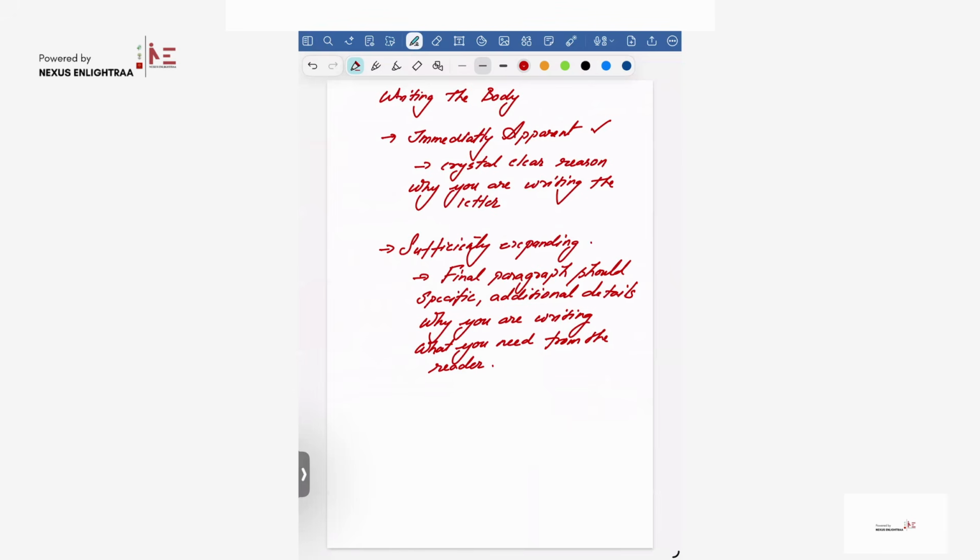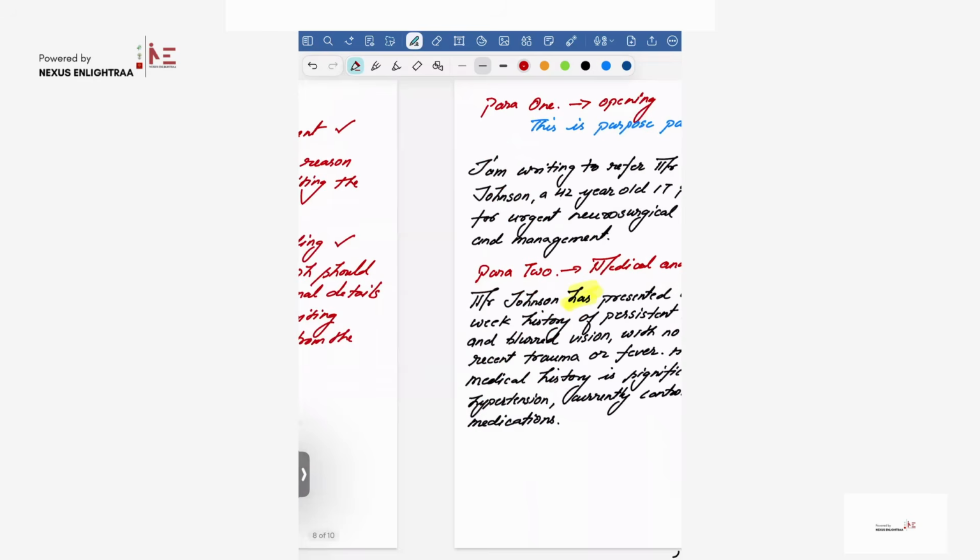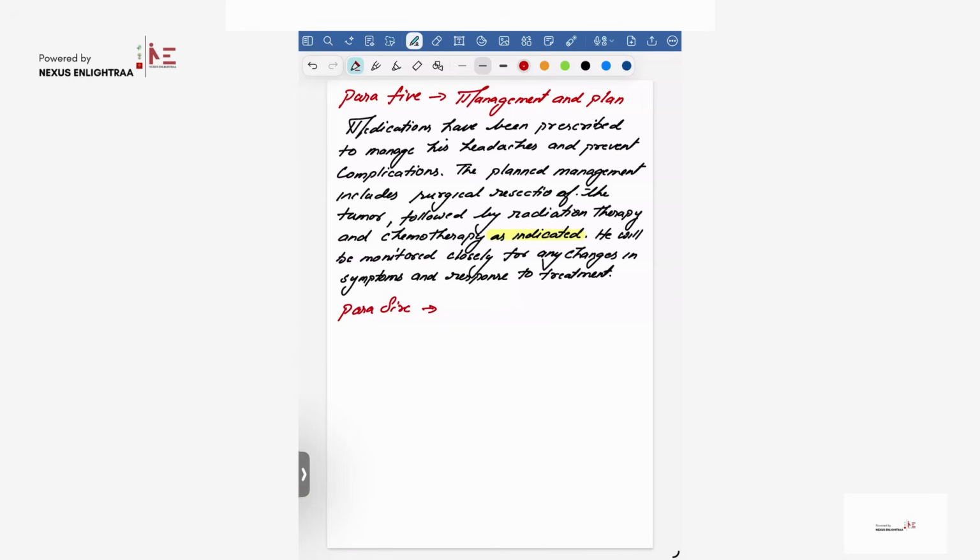So this last paragraph is about sufficiently expanding. So we'll write the closing.